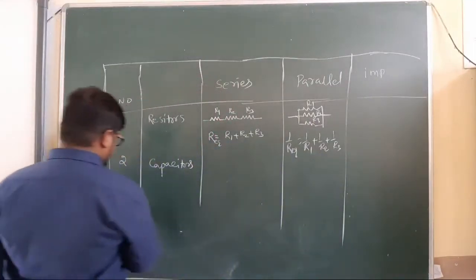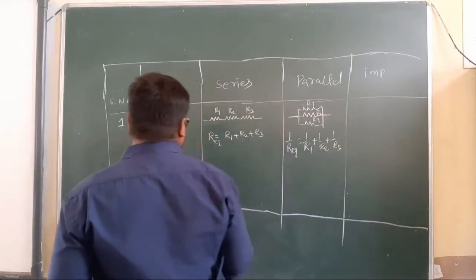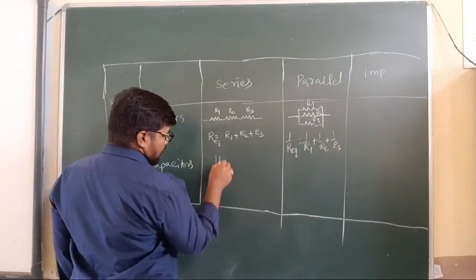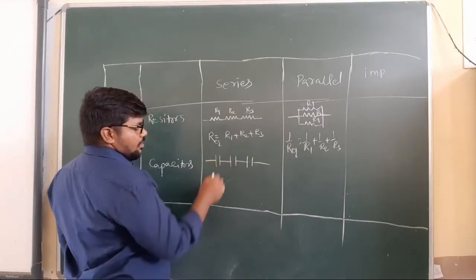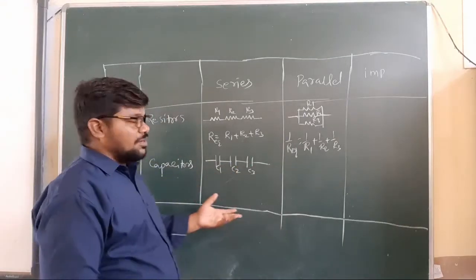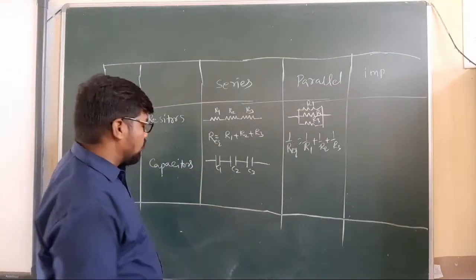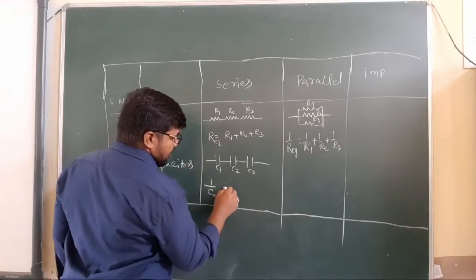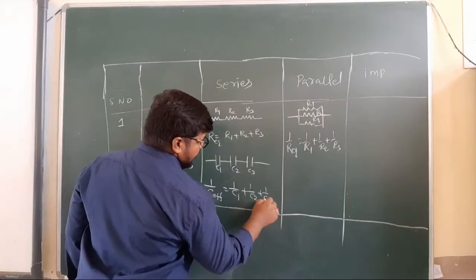Coming to capacitors. So capacitors which are connected in series, okay, C1, C2, C3. By doing some derivation, we get the equation 1 by C effective is equal to 1 by C1 plus 1 by C2 plus 1 by C3.